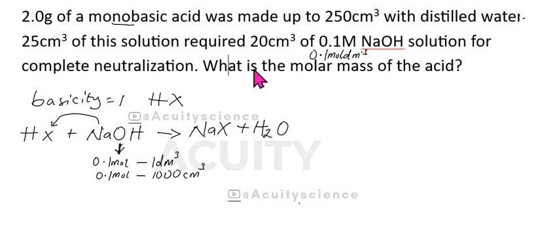Okay, now since it was just 20 cm cube that was involved in this reaction, let's find out how many moles were there in 20 cm cube. All right, so basically we'll cross multiply. We'll say 20 times 0.1 divided by 1000. Okay, if you multiply 0.1 by 2, you have 0.2. 0.2 times 10, because of this 0, you have 2.